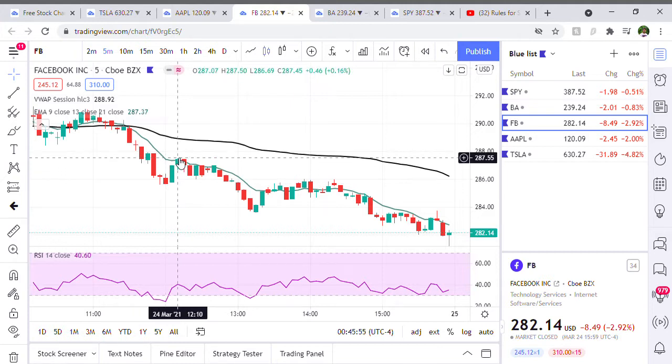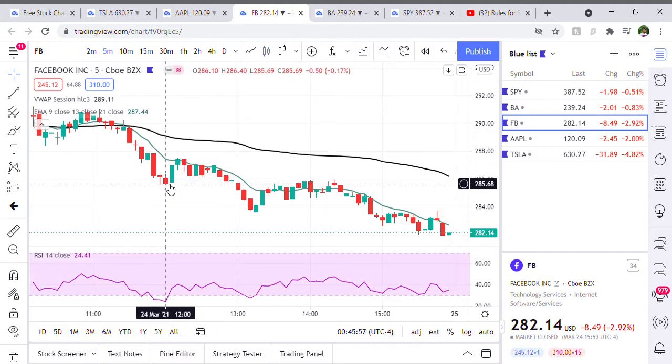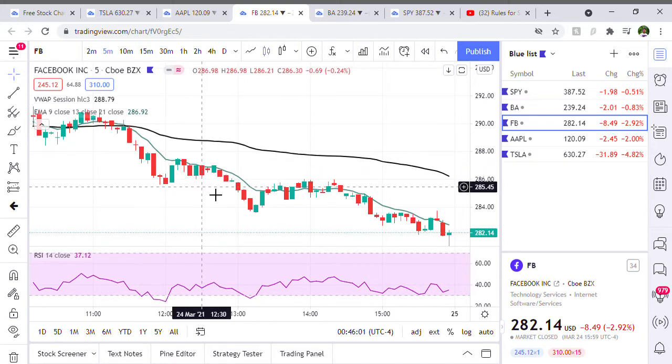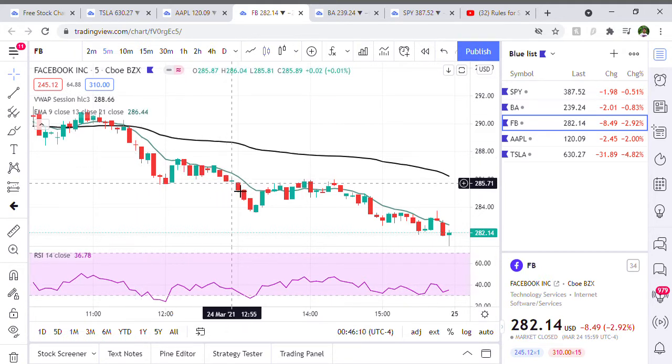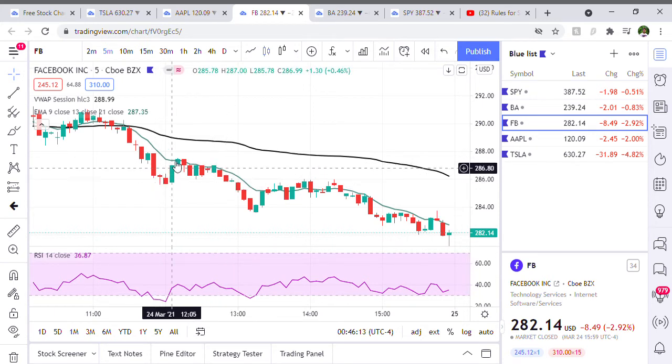Okay, so it came down, but it did not come to 285.45. Here also no. Till here 12:55 to 1 p.m. also no. All these are 5-minute candles. It did not come. It started from 12 noon. It spent 1 hour within that range.